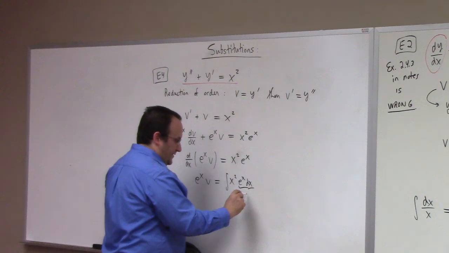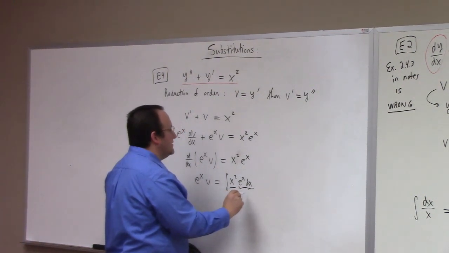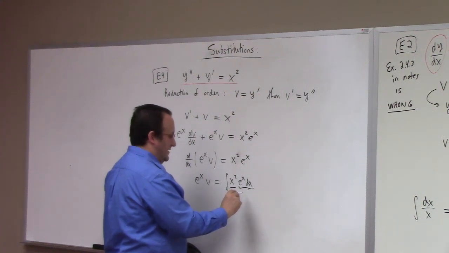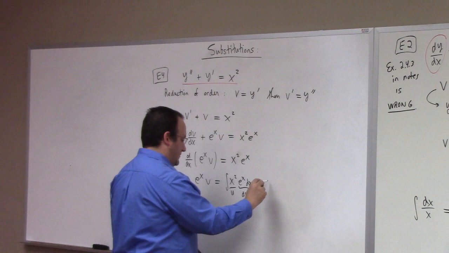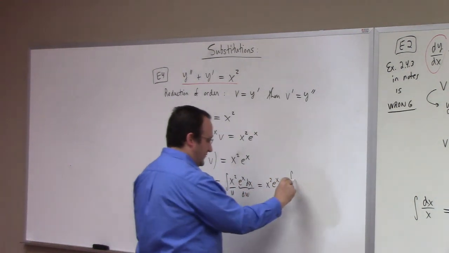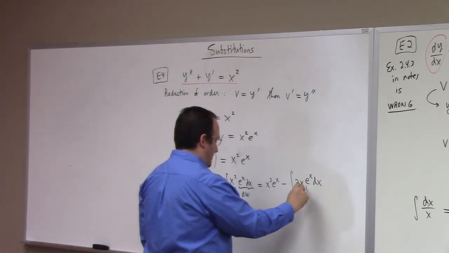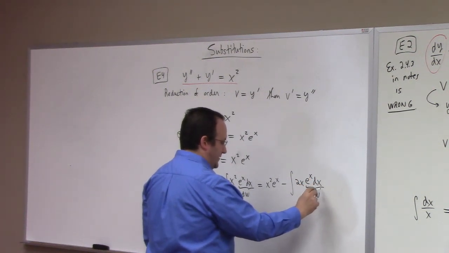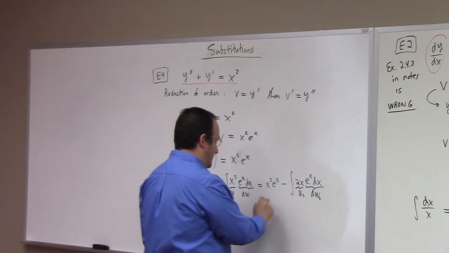This looks like a job for integration by parts. Here's our u. Here's our, I guess I'll say dw. So that gives me x squared e to the x minus the integral of 2x e to the x dx. Again, I'll make that my dw2 or something, and this will be my u2.